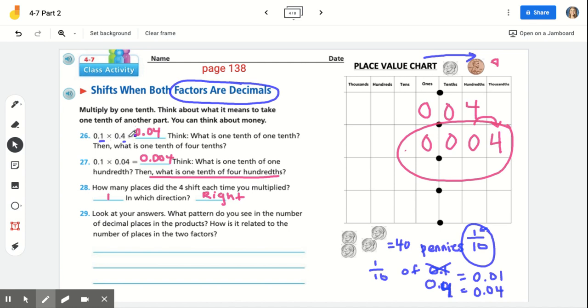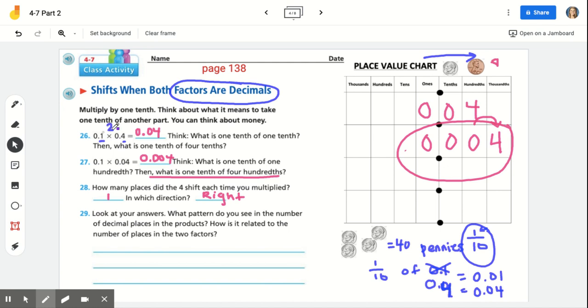So both of those factors, we have 2 underlined digits. Why do we underline those digits? Well, because we are underlining the decimal places. There's 1 decimal place for this, or 1 digit that comes after the decimal, and there's 1 decimal place for 4/10. 4 comes after the decimal. How many decimal places are there in all for both of these factors? 1 here and 1 here gives us a total of 2.